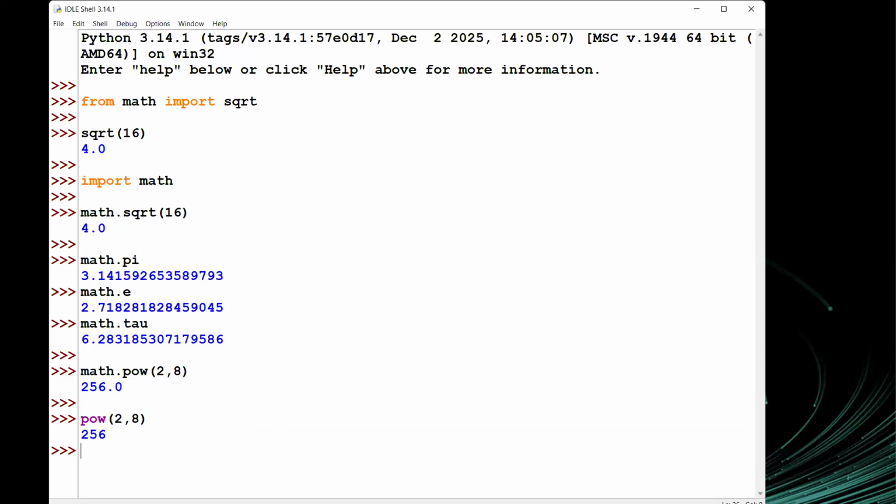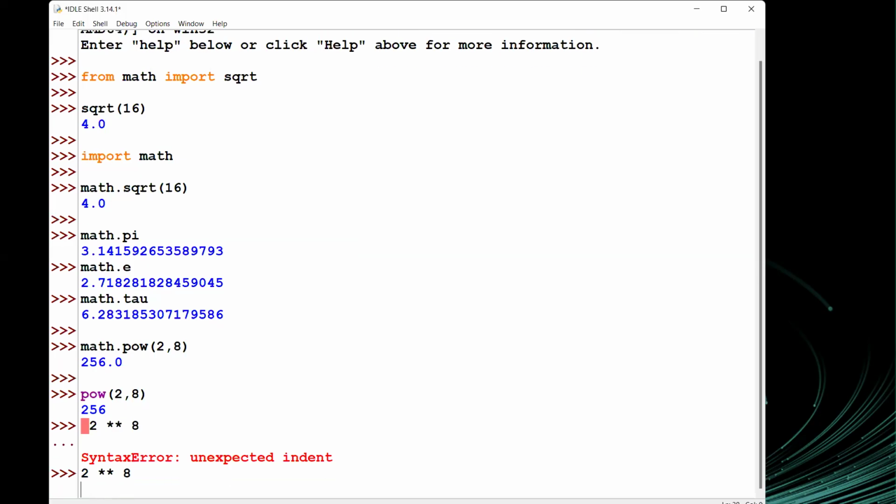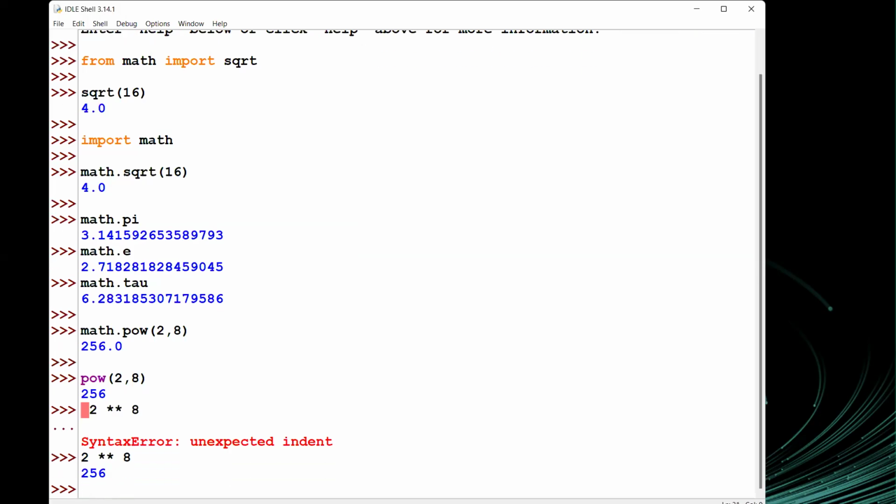But you can see now that the normal power function returns an integer, while math.pow returns a floating number. I can also say 2 exponential 8 like this. Oh, sorry, I have a space there. I can say 2 exponential 8. It will still give me 256. So there are different ways you can actually do this power.